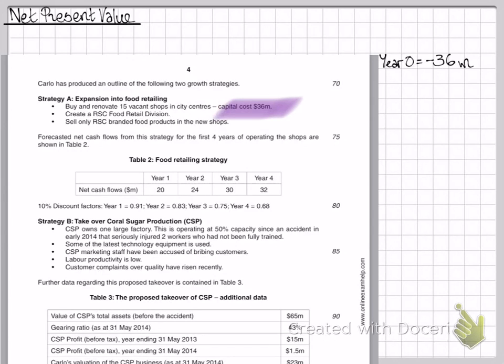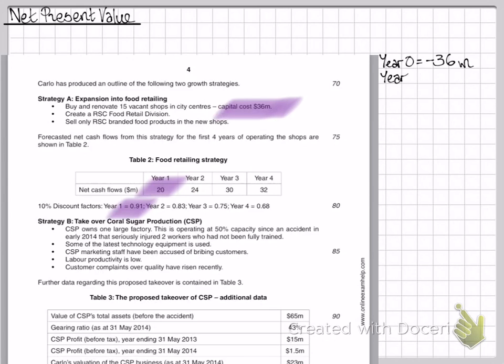In year 1, if we look at the table they've given us here, they tell us the cash flows, meaning that the amount that came in was 20 million. And the equivalent discount factor in year 1 was 0.91.